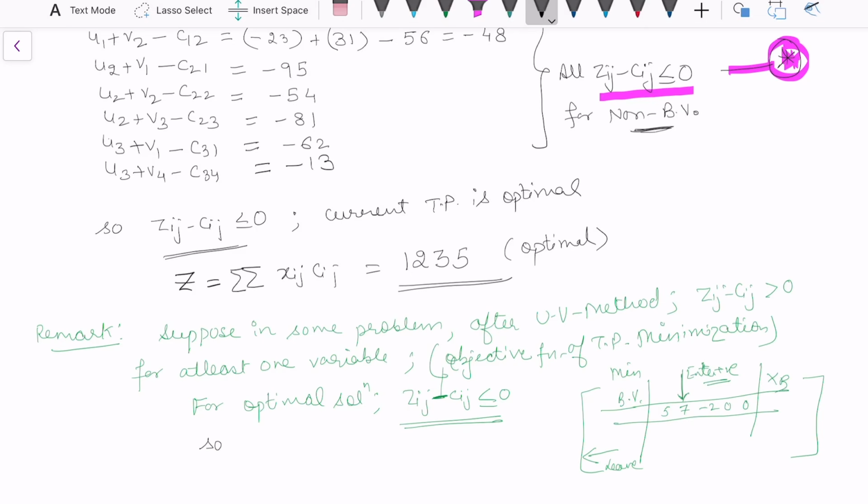A similar process in transportation problem is called loop, where we have an entering variable, and corresponding to that entering variable, we find which variable will leave the basis.